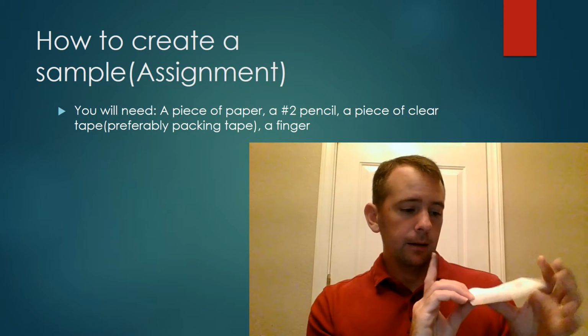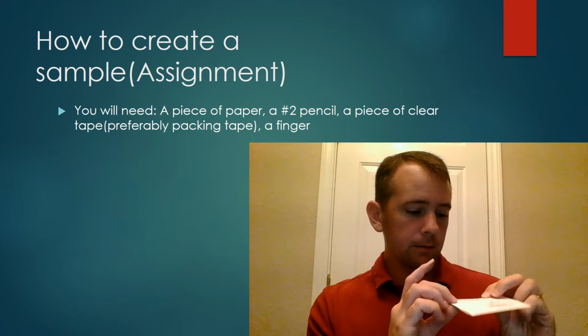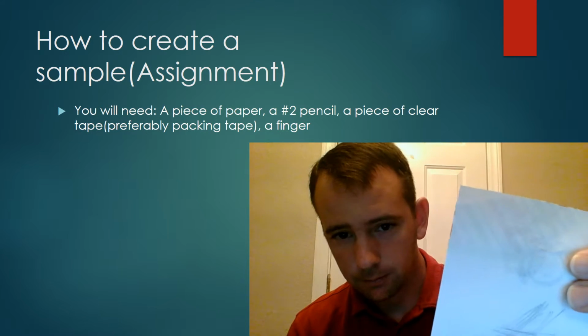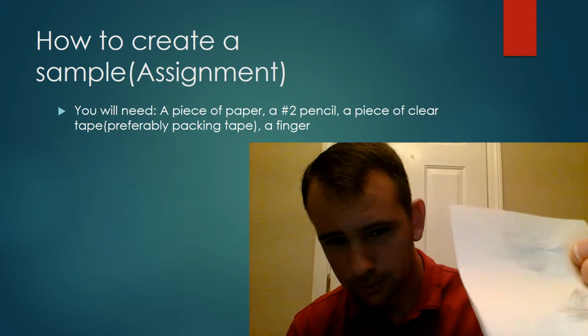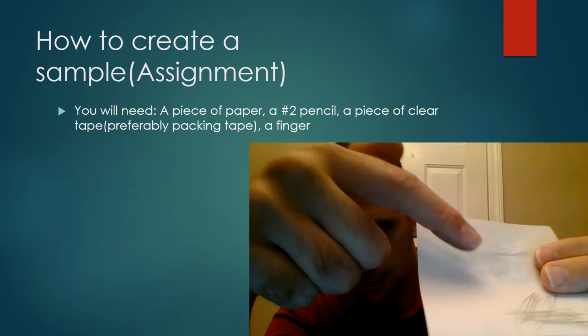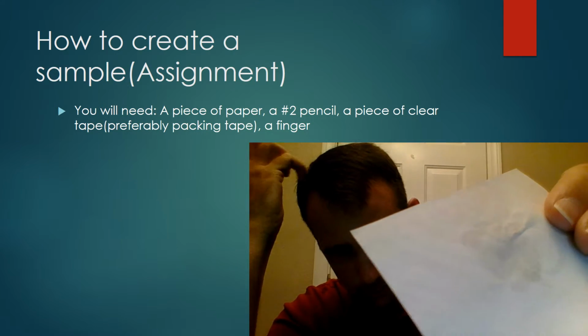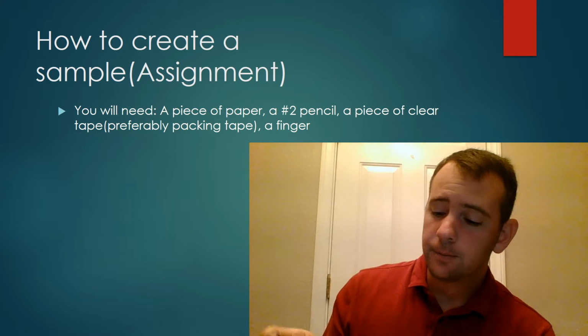Now it's hard to see on the camera, I realize, but right there on the paper, hold it up to the light just right, you can actually see the fingerprint. It's hardly readable, but it is there.